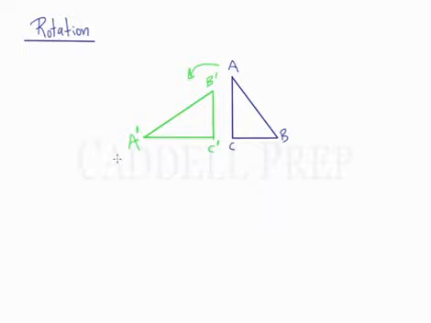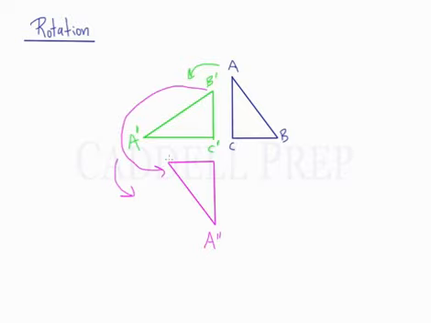And we could rotate it again another 90 degrees, and it'll look something like this, where A goes all the way to here. So this would be A double prime. B goes to here. So this would be B double prime.